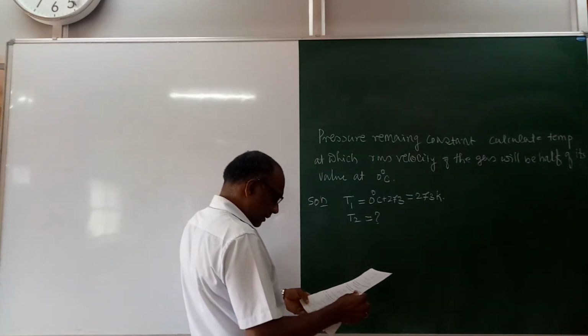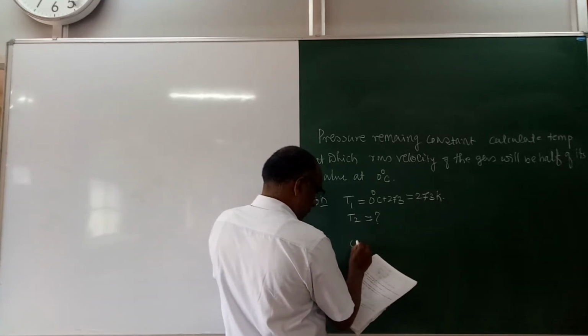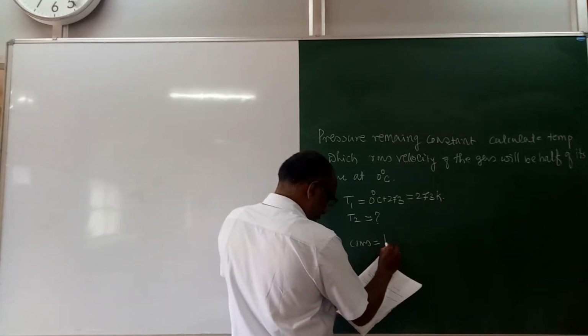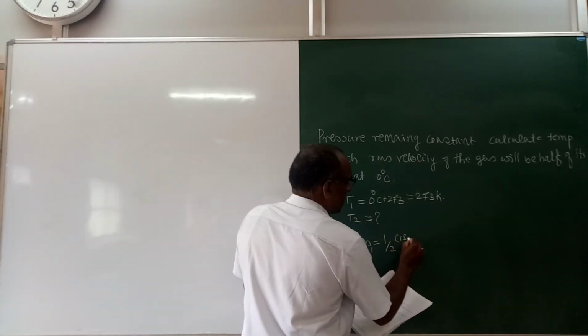So simple here, CRMS 2 is equal to half the CRMS 1.